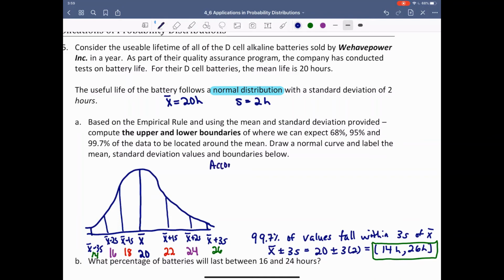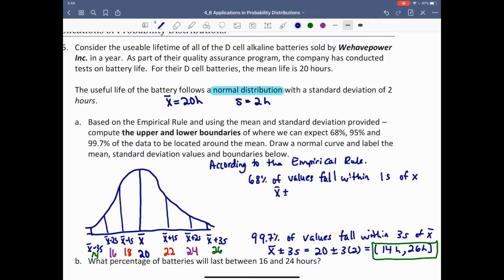So according to the empirical rule, we know that 68% of values fall within 1 standard deviation of the mean, which is x bar plus or minus 1s, 20 plus or minus 1 times 2, which is from 18 up to 22 hours, which I've already identified in red.